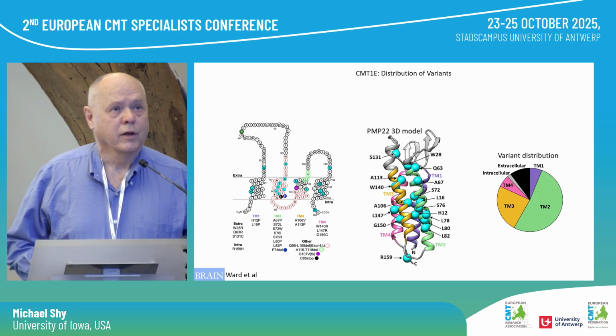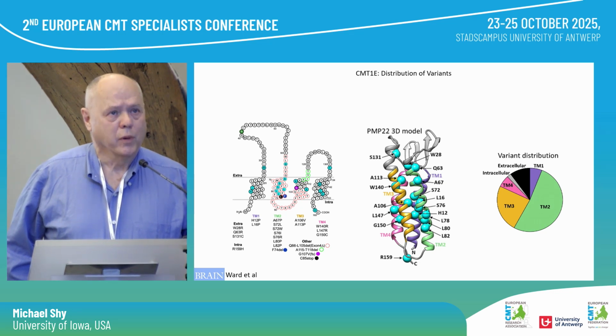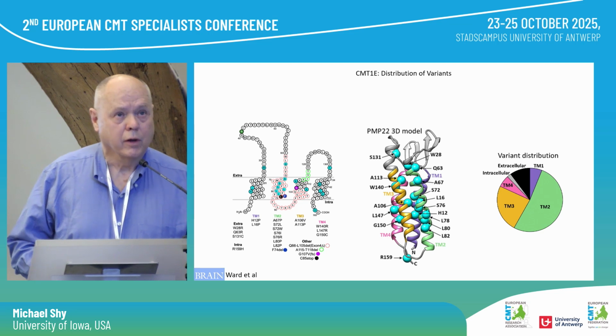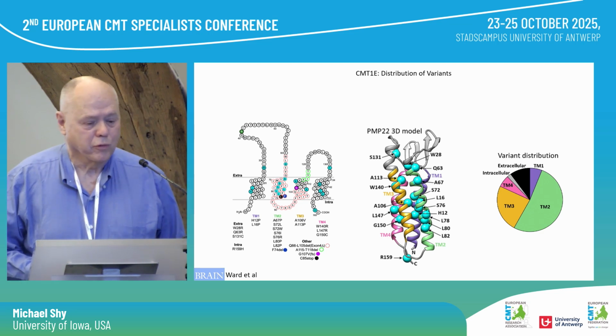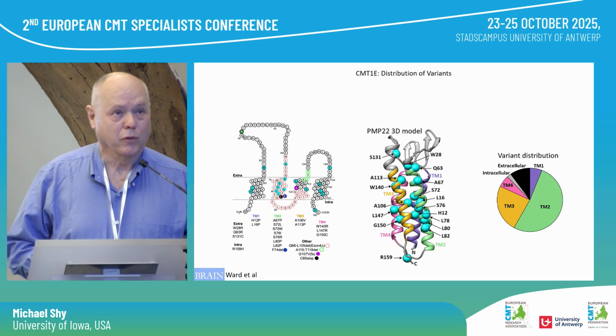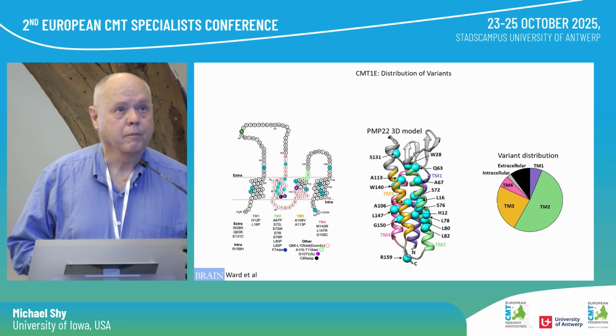In the middle, you see an AlphaFold model of PMP22, and you can see that a lot of the mutations are in the green band coming down there, which is transmembrane domain 2, which we were also interested in because transmembrane domain 2 is the portion of PMP22 that interacts with P0.